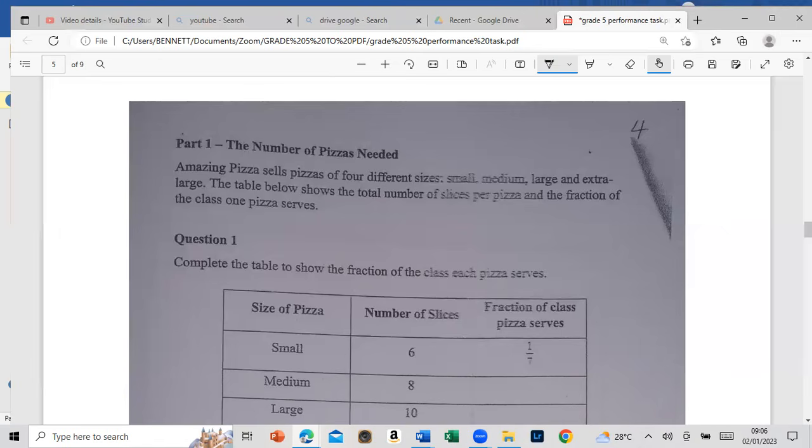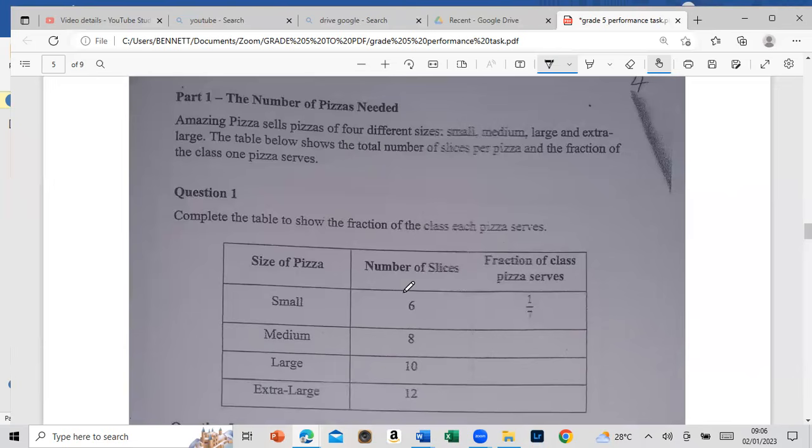So basically, for small, it consists of 6 slices. Medium has 8 slices, large has 10 slices, and extra large consists of 12 slices. So they kind of went ahead and did this one for you, and they said that for the 6, it's going to be 1/7. Now, how did they get that 1/7?